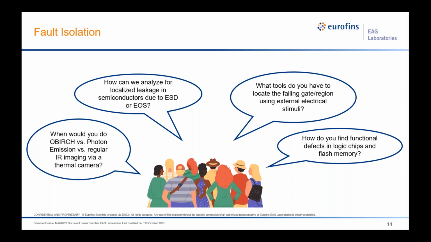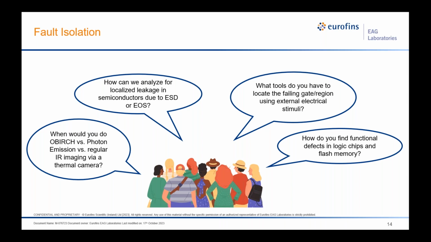For sensitivity, OBIRCH depends greatly on the sample, since it uses a laser to heat up your device. If you have a lot of top metals blocking the laser, the laser would not be able to reach deep down to heat up the defect area enough to cause a response. Photon emission has a similar issue. If you have a lot of top metal blocking, because the emission comes from the active junction, then with many layers of metallization, photon emission analysis has a similar issue.